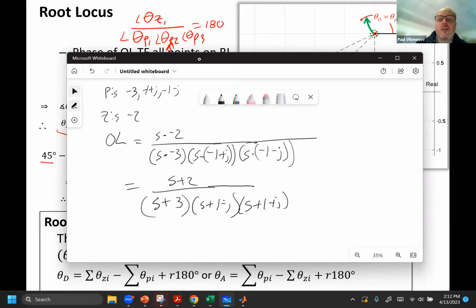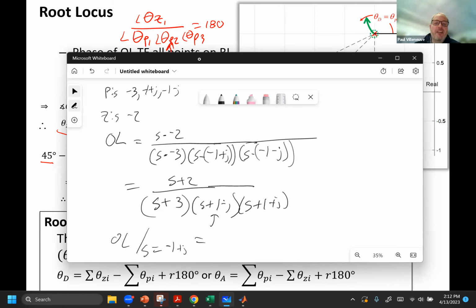All right. So we're going to plug in our open loop transfer function. We're going to plug in at s equals -1 plus j, and we're going to do that for all these points except this one. This is the angle we're going to try to calculate, okay?